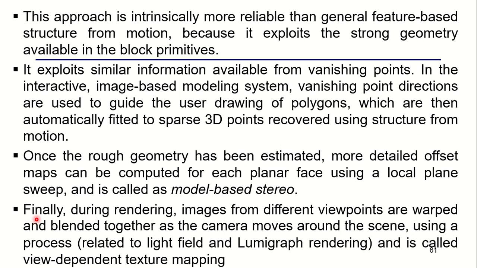Finally, during rendering, the images from different viewpoints are warped and blended together as the camera moves around the scene using a process called Lumigraph rendering, and this is called view-dependent texture mapping.